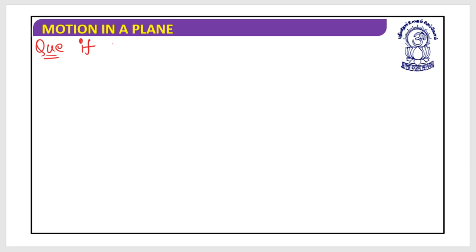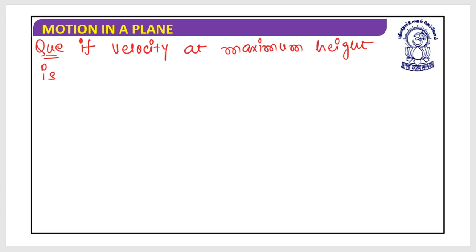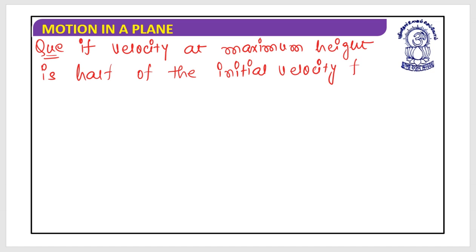The question says, if the velocity at maximum height is half of the initial velocity, find out the range.